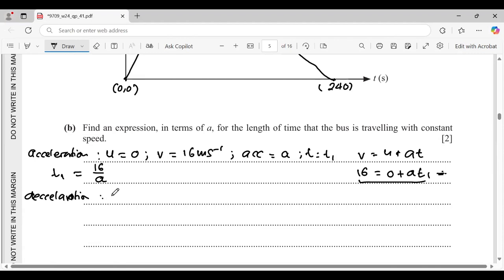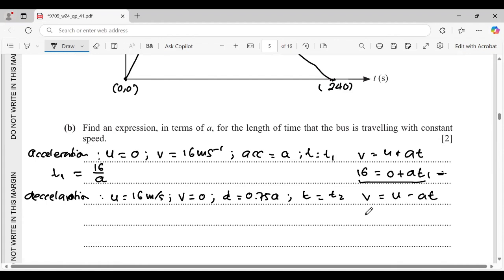For the deceleration, the initial speed is 16 meters per second, and the final speed, or v, equals 0 here, and the deceleration equals 0.75a according to the information, and the time is T2. So the velocity equals u minus at because of deceleration.